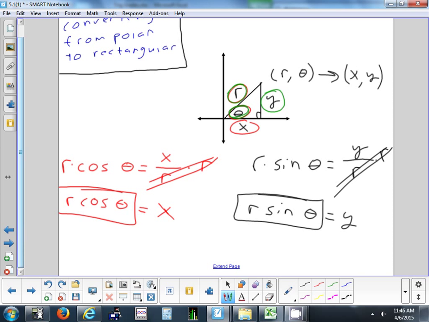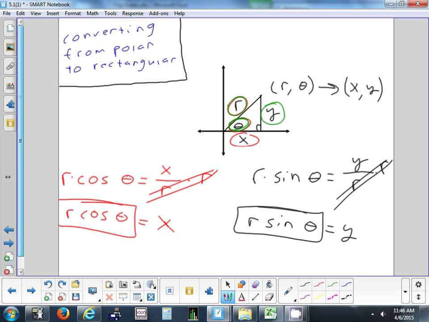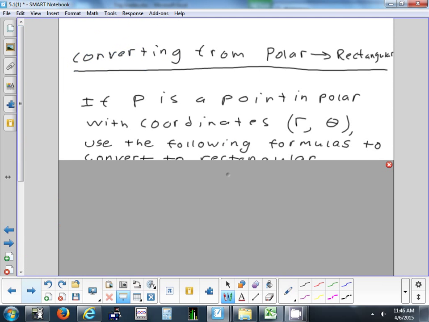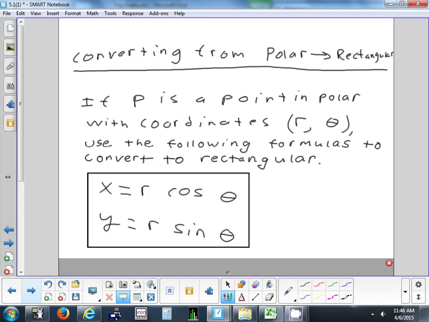Okay, so those are the two formulas you need to change polar to rectangular. If you're given a point in polar, you're going to know r and theta. Use the following formulas to change to rectangular.